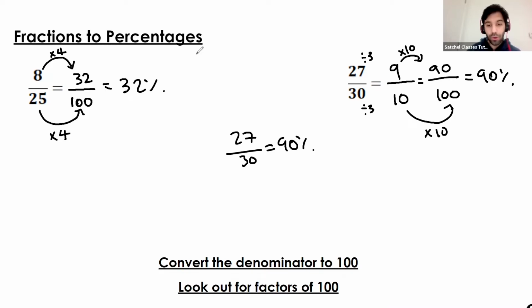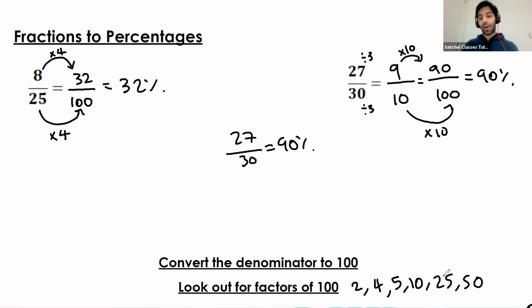So the factors that we're looking for are 2, 4, 5, 10, 25, and 50. All of these numbers can be multiplied by another number to get us up to 100. Or you can think about it as all of these numbers go into 100.